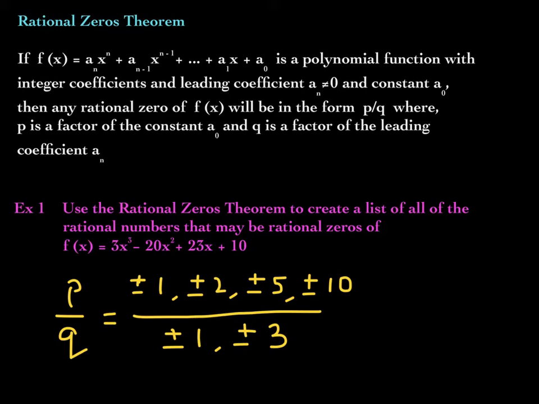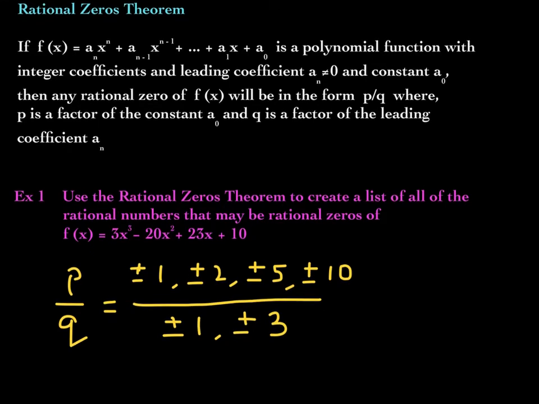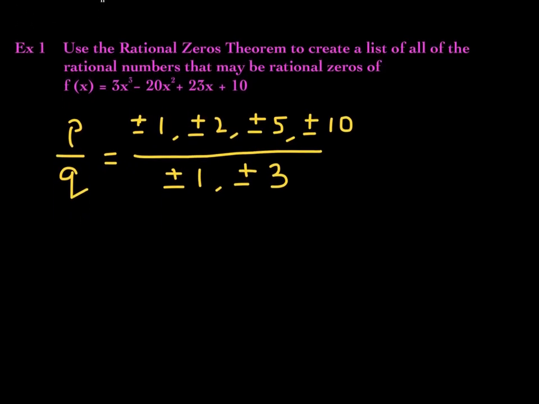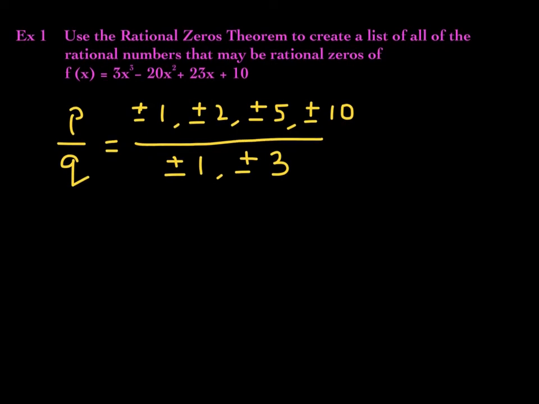So now all we have to do is simplify. Let me move this screen up, okay? So that's what it means, the rational zeros theorem. Now let me help you simplify. Now, what I do here is I write each one of these factors in the numerator over 1. And then I'll write all of the numerators over 3.